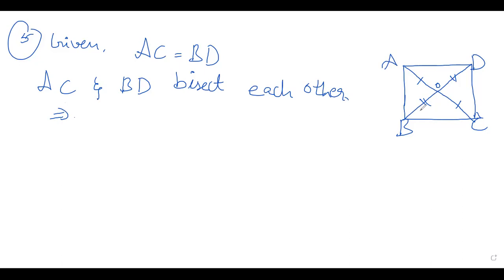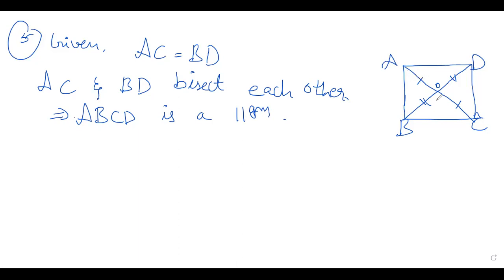So if the diagonals bisect each other, you can say it is a parallelogram, right? See, ABCD, AC is equal to BD, diagonals are equal. So I will write ABCD is a parallelogram. Okay, children. Now, what is next one? By this we proved it is a parallelogram.